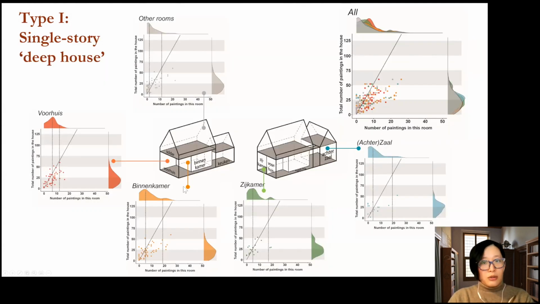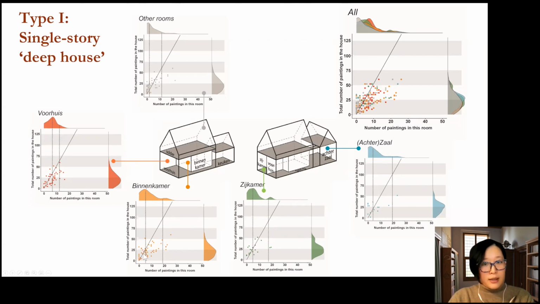And the spatial rating of the inventories in this type 1 house shows that most households living in this relatively small and modest house kept a collection of fewer than 25 paintings. And looking at the plot for the forehouse, which is shown here, most of the households displayed a similar number of paintings, because the difference between the 50th percentile and the 90th percentile is actually quite small.